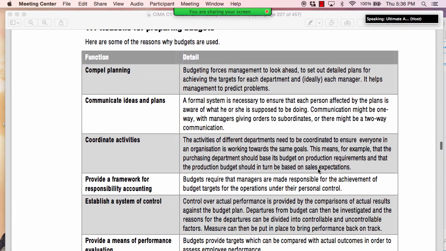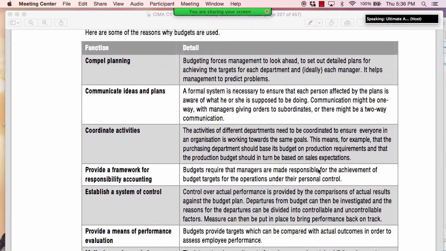Why do we prepare budgets? Now, if you remember, if you have studied organizations, what is their strategy? Have you heard of strategic plans? The concept of strategic planning, have you heard? So organizations do have a vision and a mission.